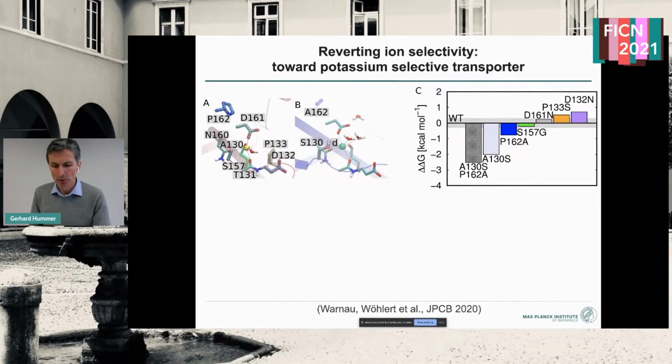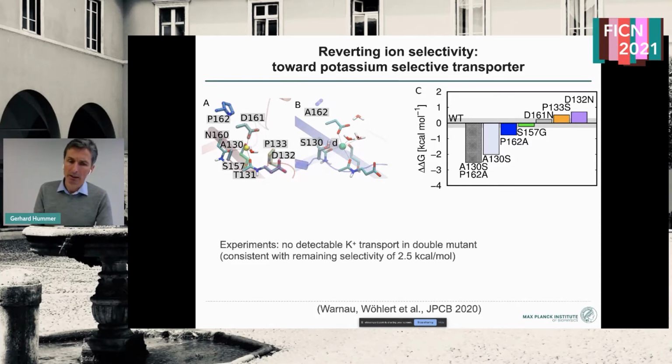So the real proof of an understanding would come if we could use our calculations to engineer a transporter that were selective for potassium instead of sodium. And we tried that. We made a series of mutations. These are alchemical mutations. And we could, by double mutations, revert the selectivity partly, go from 5 to 2.5 kilocalories per mole.